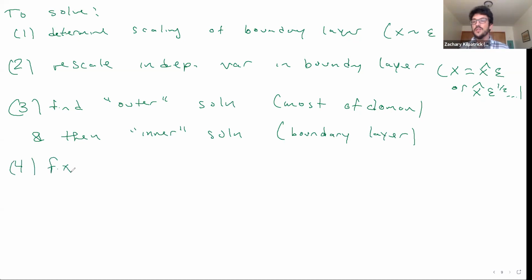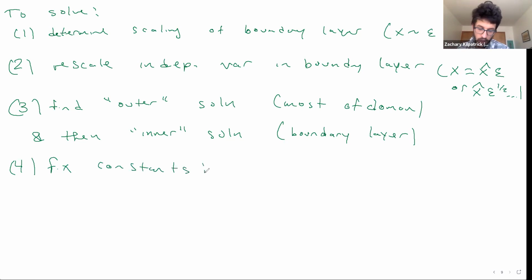And then once you have the boundary layer solution and the outer solution, you need to figure out how to piece these together, because you want a solution that you can write down as an expansion where essentially everything smoothly runs into each other at the junctions of these boundary layers and the outer solutions.